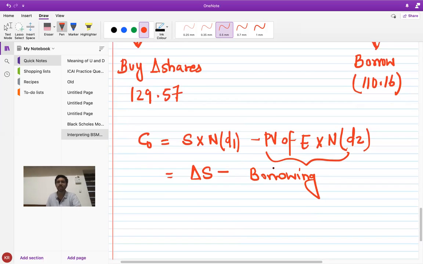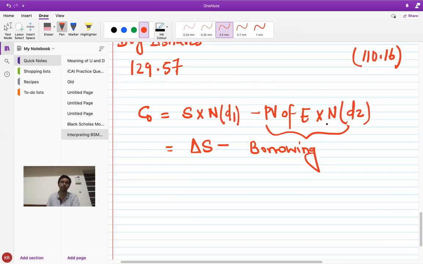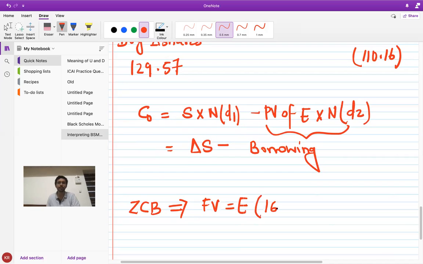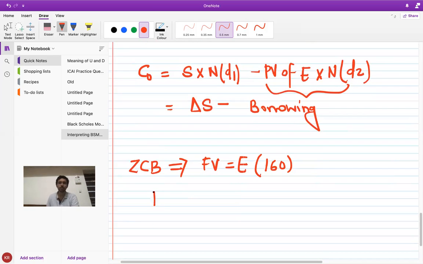And the interpretation of present value of exercise price into N(d2) is this. Let's say there is a zero coupon bond whose face value is equal to E, the face value of 160.